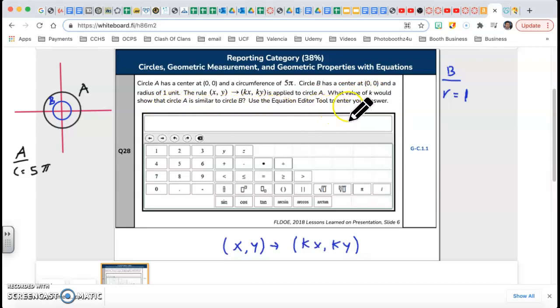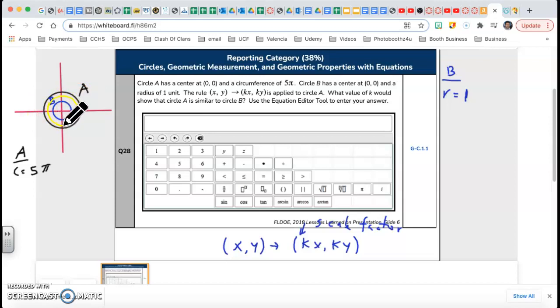Use the equation editor to enter your answer. So basically they're asking me for the scale factor. This k is my scale factor because both of them are circles, they have the same shape. So what's my scale factor from one to the other one?